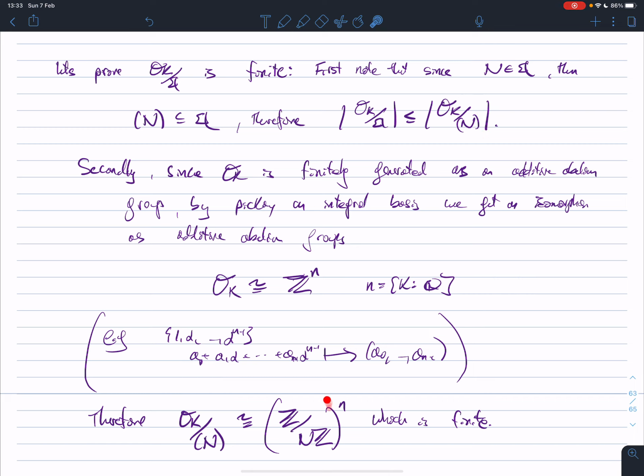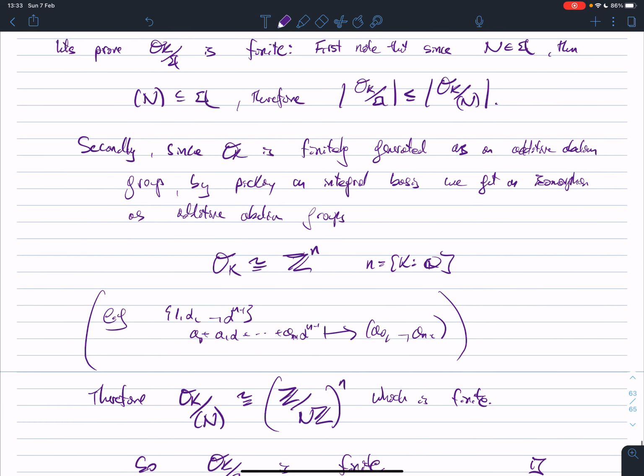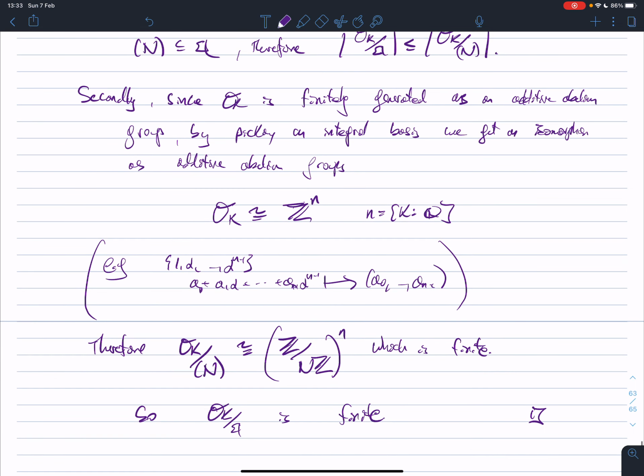So using this, I know that this thing is now finite. So my original quotient was finite. So O_K mod A is finite. Great. So we already know that all of these ideals in rings of integers always contain an integer and their quotient is always finite.